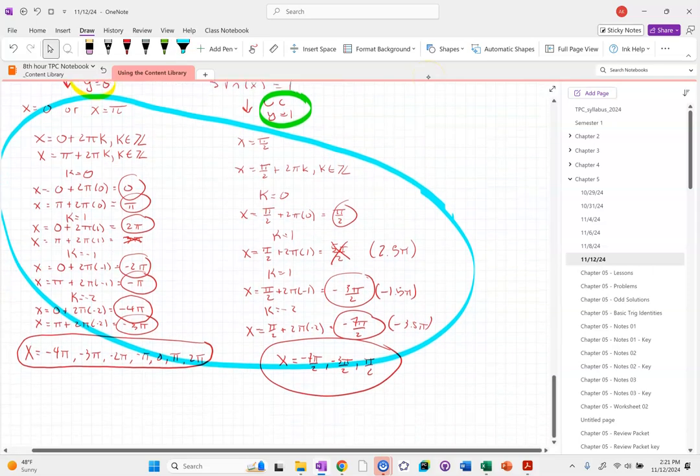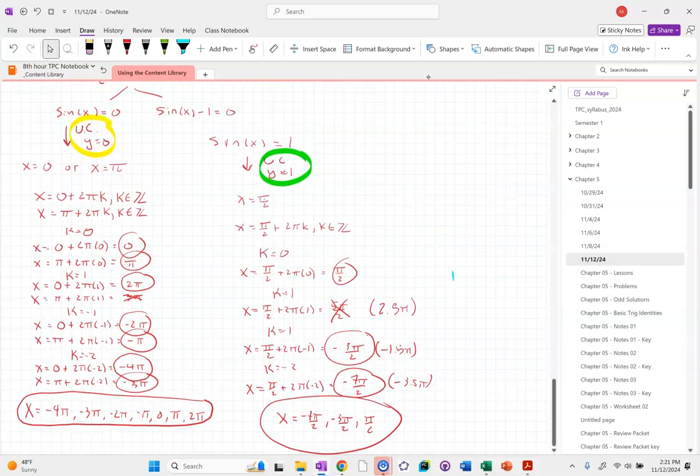All I would have done in practice is take 0 and add 2 pi to it until I found something that was bigger than 2 pi. Everything that was still smaller than 2 pi I would keep, right? And I would subtract 2 pi from 0 until I got something smaller than -4 pi.